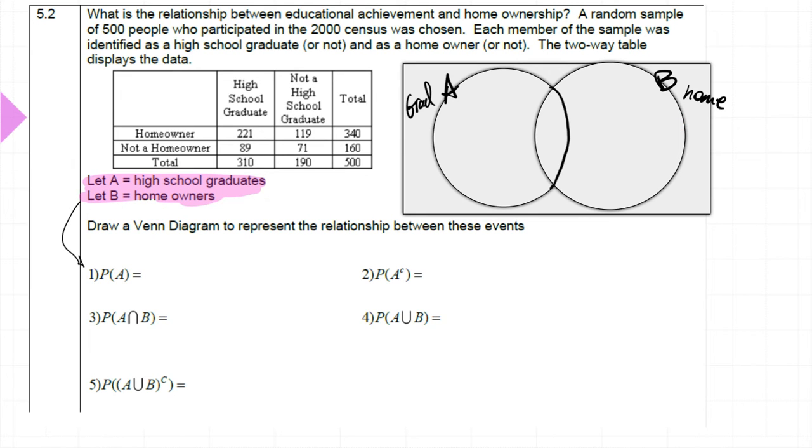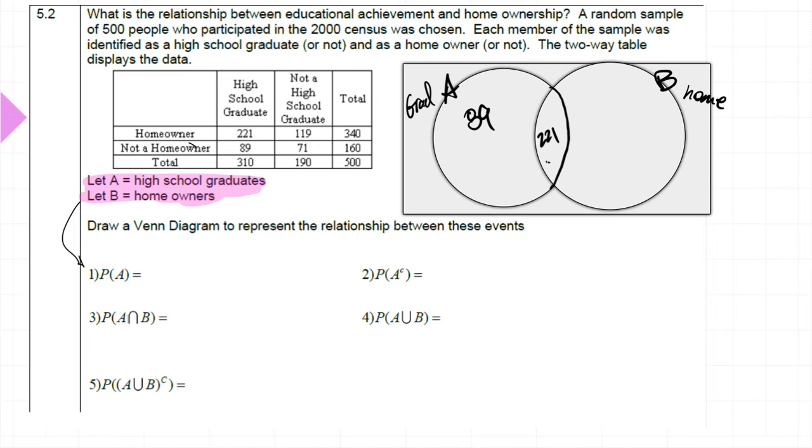We had 89 that are high school graduates that don't own a home, so there's no overlap here. We have 221 that graduated high school and own a home, so they have to be in both circles. They both own a home and they're graduates, so they belong where the overlap is. Then let's go to home ownership.